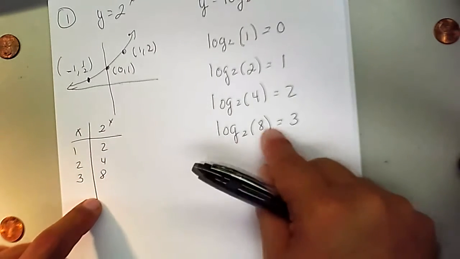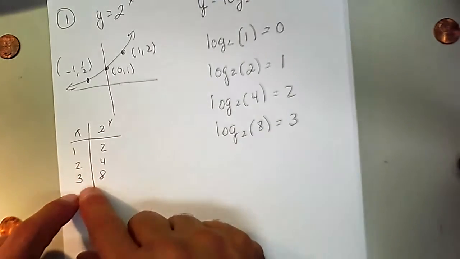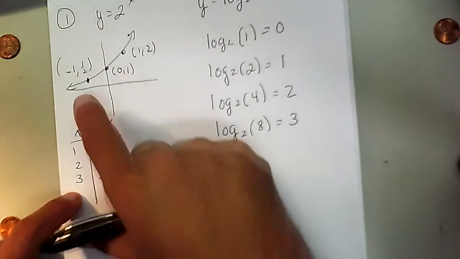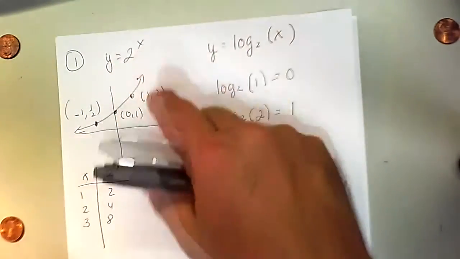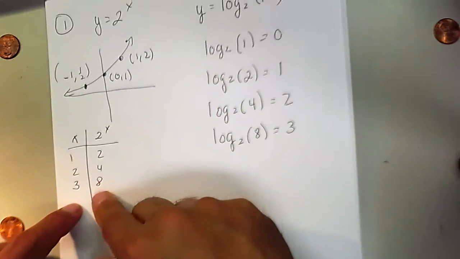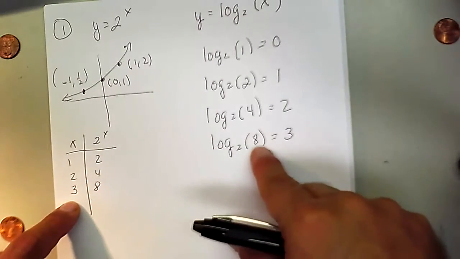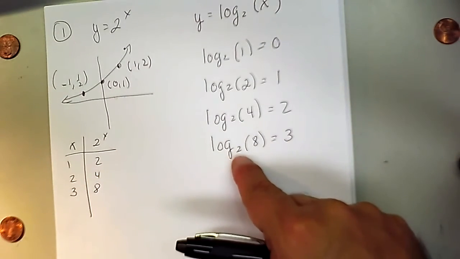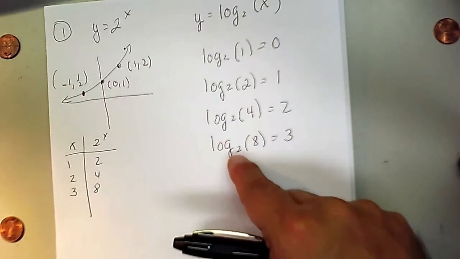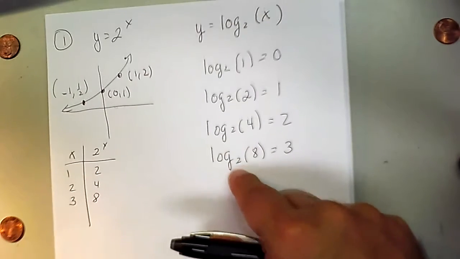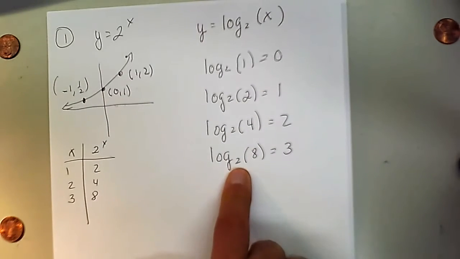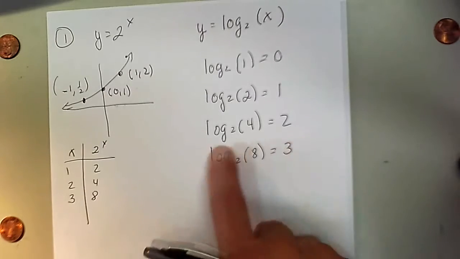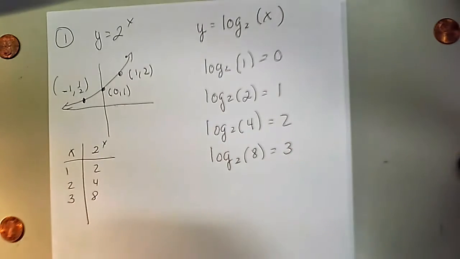And that's the reason, because if you do 3 on the original 2 to the x function, we end up with 8. So undoing that gives us the reverse. That has to be true when the base is 2. If the base was something else, such as 3, then this is off. Then we have to figure out what it is.